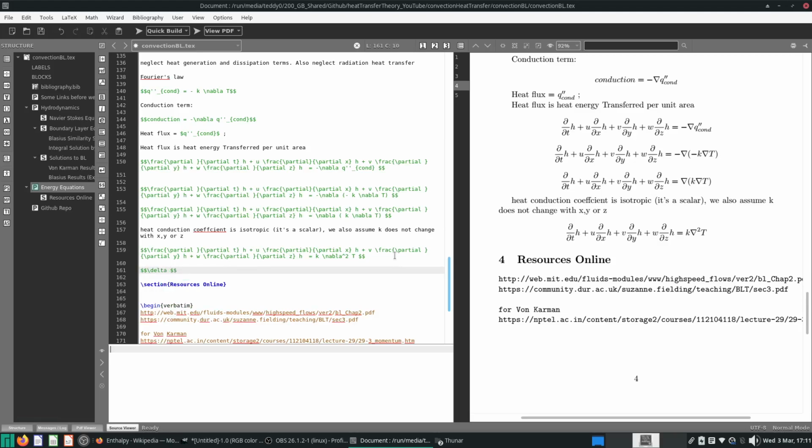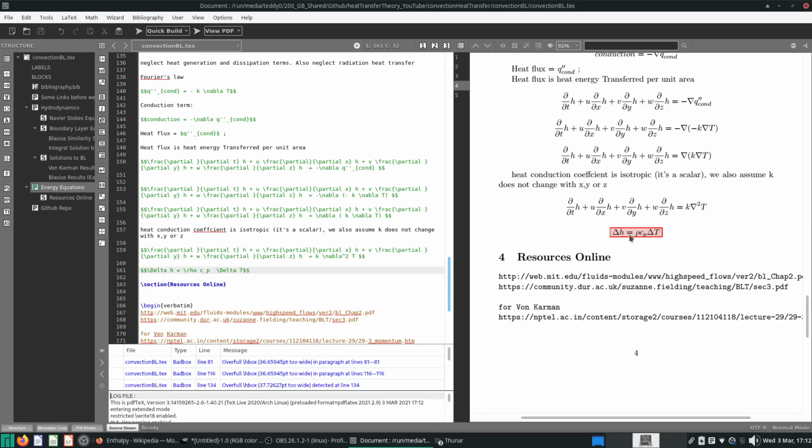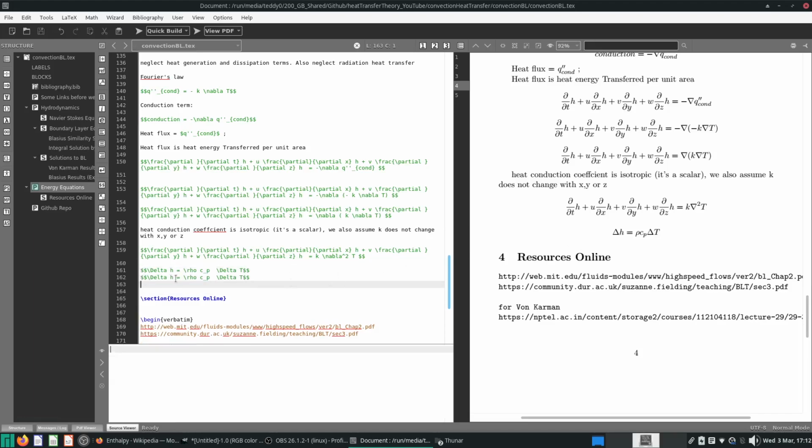Delta H equals rho Cp delta T. This is the specific one, and well, delta H can also be counted like this: H minus H ref, because in thermodynamics we always need to consider a reference point.